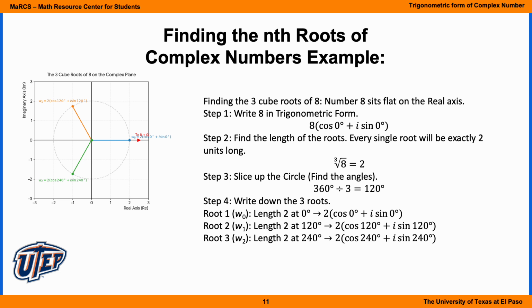Now for root 2, we have 2 times cosine of 120 degrees plus i sine of 120 degrees. And lastly, for root 3, we have 2 times cosine of 240 degrees plus i times the sine of 240 degrees. So we just added by increments of 120 for the degrees since we divided the 360 by 3 and got 120.